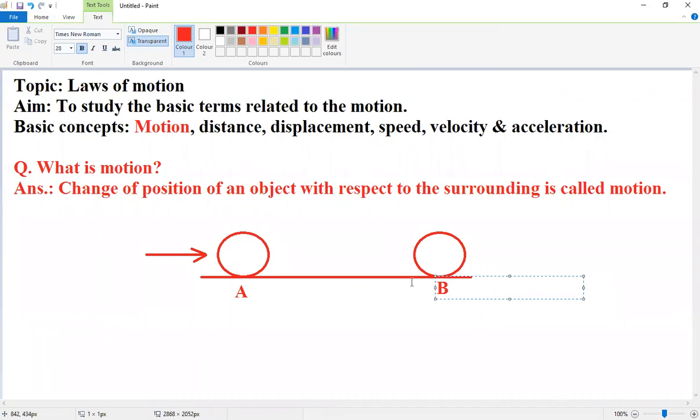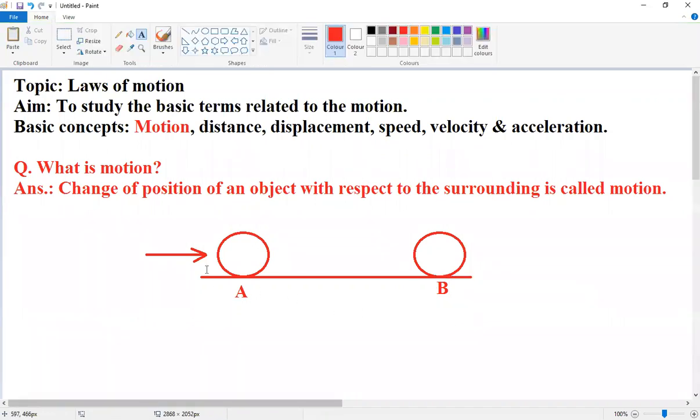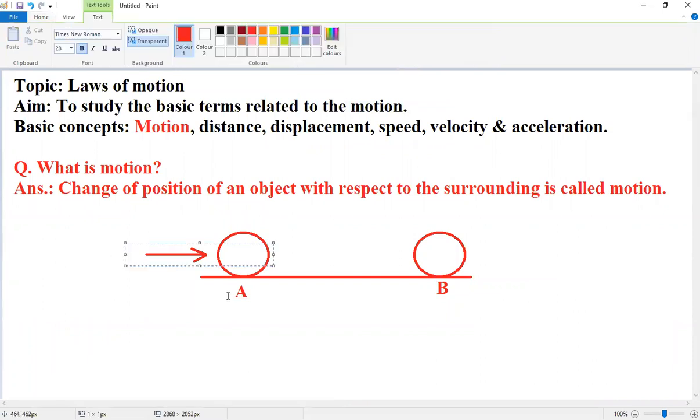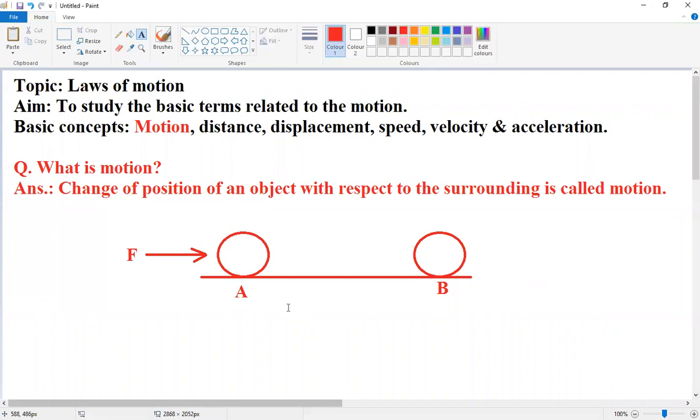That means it gets into motion, and it possesses that motion due to the external force. Now see, while studying the concept of motion, we come across different terms. The first thing required for motion is force.